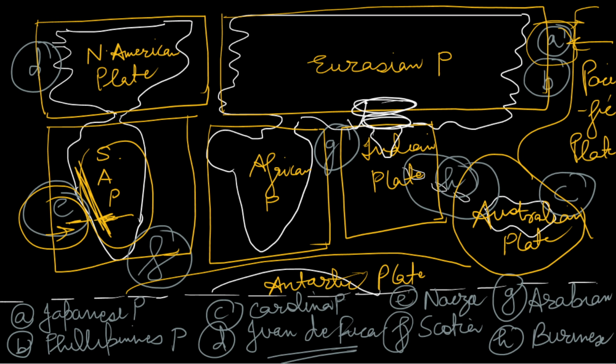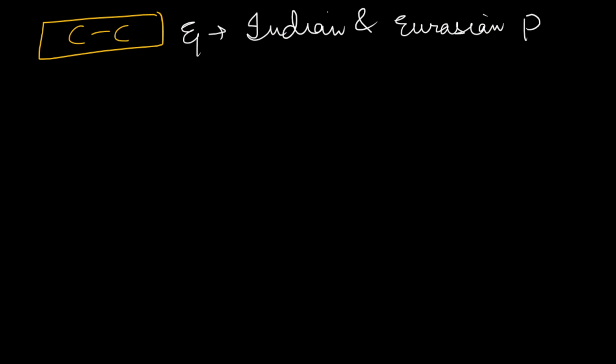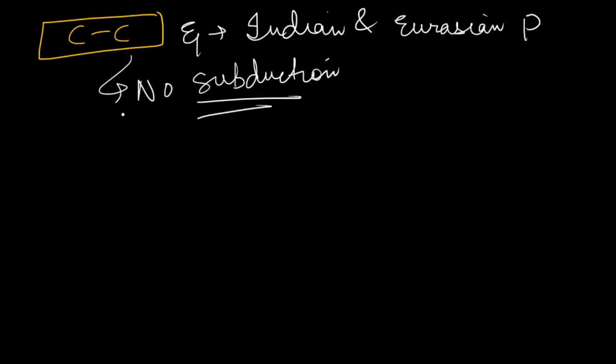So these both converge, and here we see the formation of Himalayas only. So we will discuss that. In the first stage, there is a fusion of continents. One thing you should remember is that here is no subduction. In trenches you see subduction, but here is no subduction, so no trench is formed here. Keep it in mind. Instead of subduction there is fusion of continents.